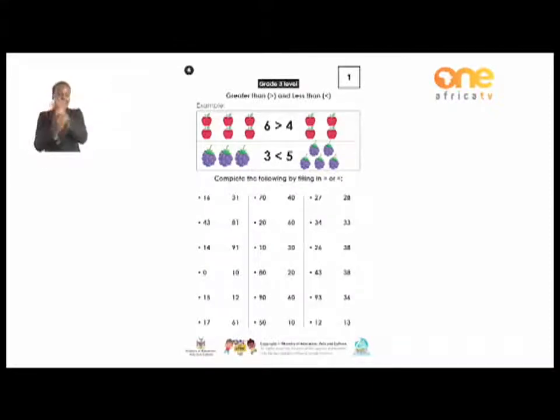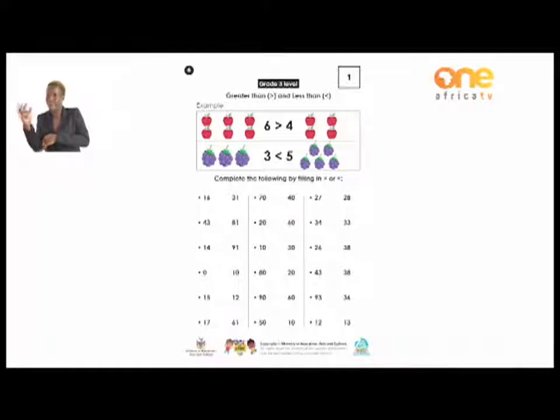We have 6 apples on the left side and 4 apples on the other side. Which one is greater? Yes, of course. The 6 is greater than the 4, so the mouth should be opening towards the bigger number. Let's quickly look at the next example. We have 3 grapes on the left side and 5 grapes on the right side.